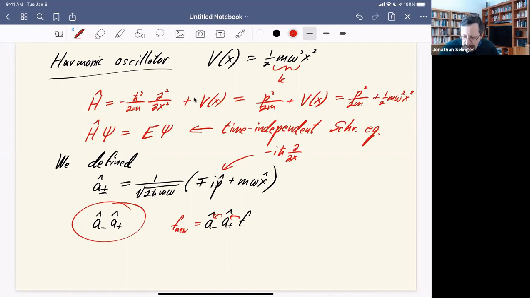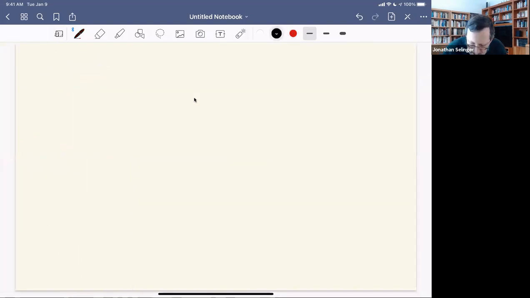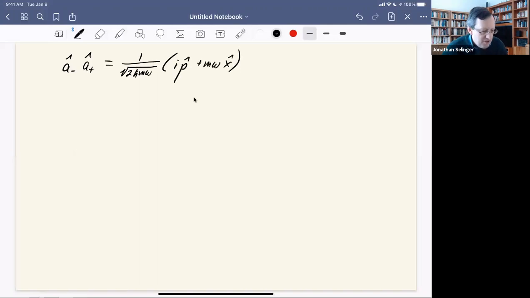Okay, so if we have the combination A minus A plus, that means 1 over the square root of 2 h bar m omega times A minus, which is i p hat plus m omega x hat.